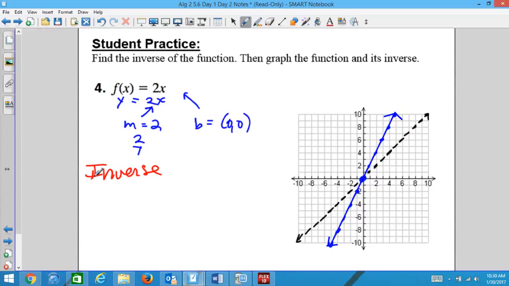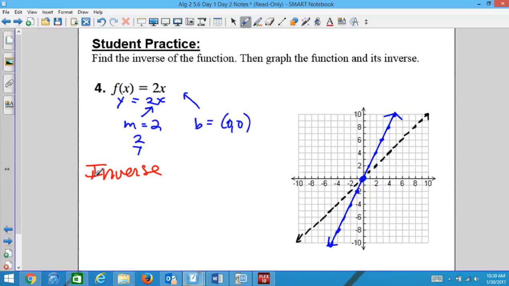Then after you graph the first one, we're going to find our inverse. What are we going to have to do first?